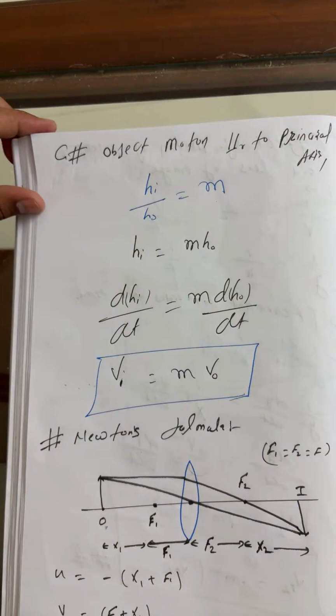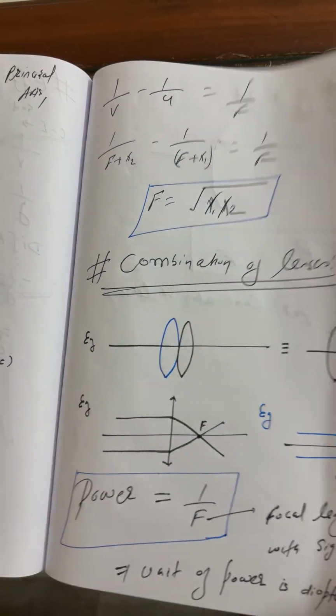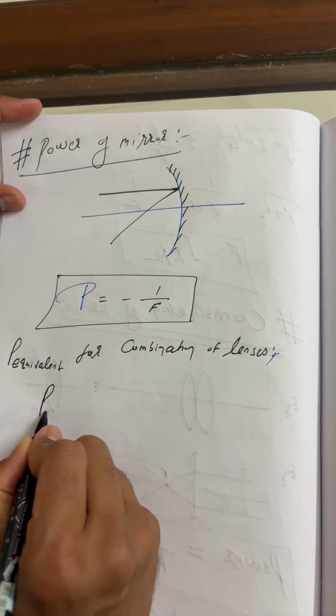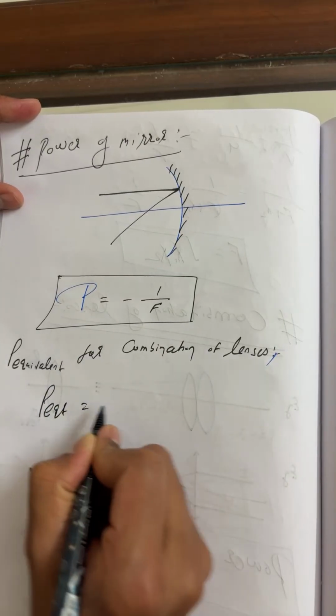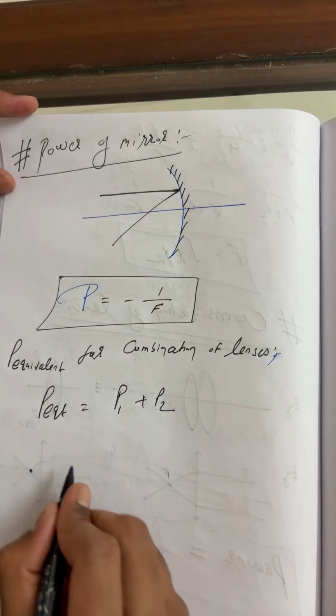Because, beta, there are two lenses here, so you can say P1, P2, right? So students, for this condition you can write power equivalent is equal to P1 plus P2.